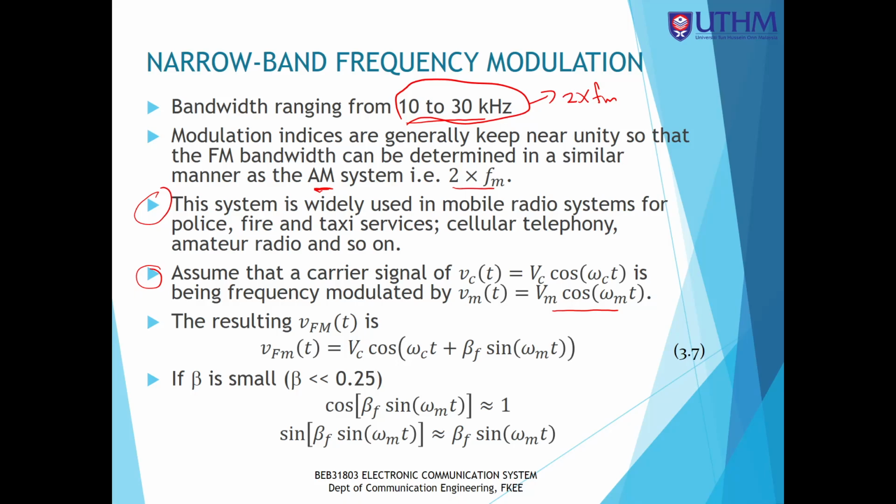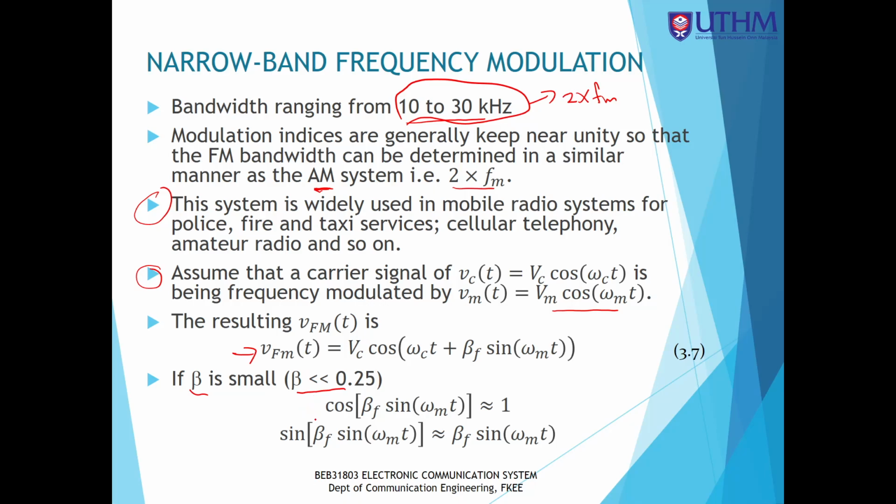So the resulting v_FM(t) is equal to Vc cos(omega_c t plus beta_f sin omega_m t). So in narrowband FM, the beta value, the modulation index, is small. Normally, most of the time it is less than 0.25.